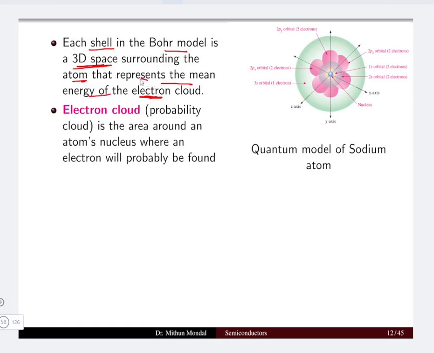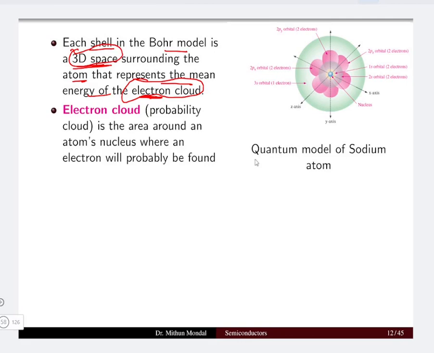In the quantum model, we have the concept of the electron cloud, which is the probability cloud, where we don't say the exact position of the electrons revolving around the nucleus. We know that electrons are revolving around the nucleus, but we do not know their position and velocity at the same time. And hence we have the 3D representation of the electron around the nucleus.